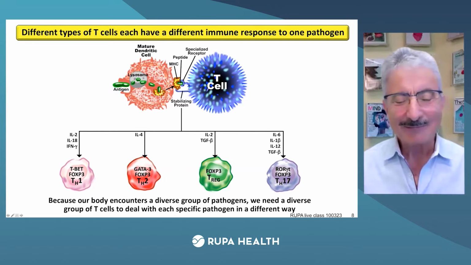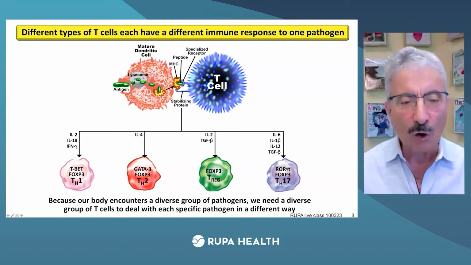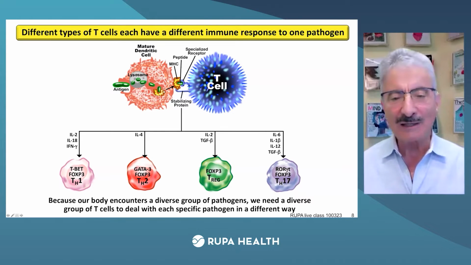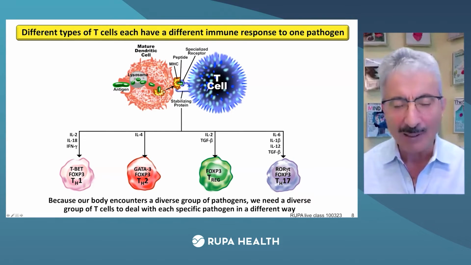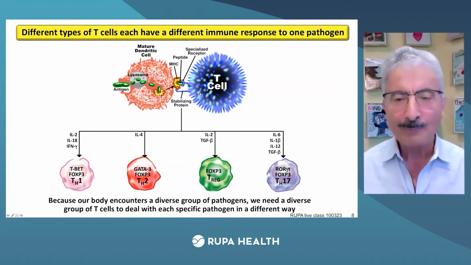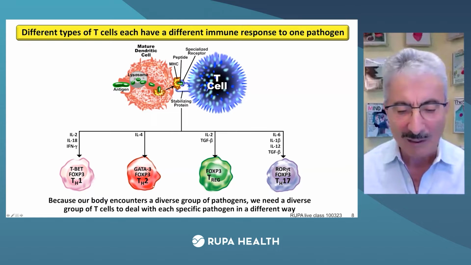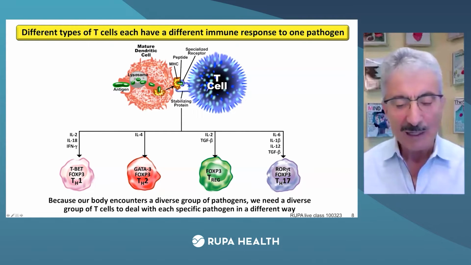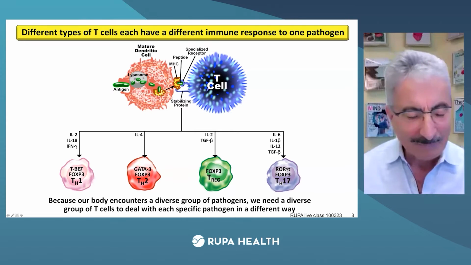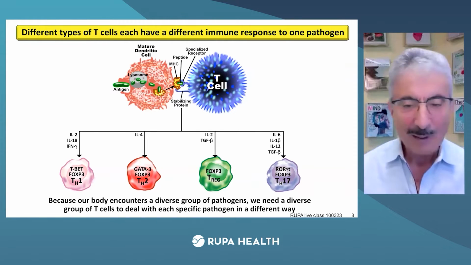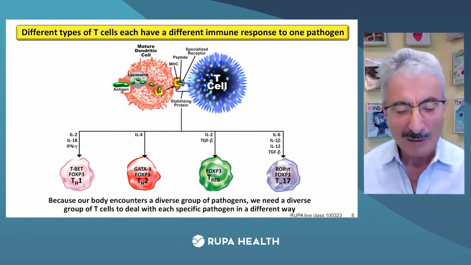They release a very strong enzyme called lysosome, breaking down the pathogen to small pieces called antigens, and the antigens will be presented on major histocompatibility complex to the T cells, and then T cells become activated in the presence of different cytokines and get different specialty: Th1, Th2, Treg, and Th17. Each one of them has a different job in the immune system, and also they're involved in different disorders.